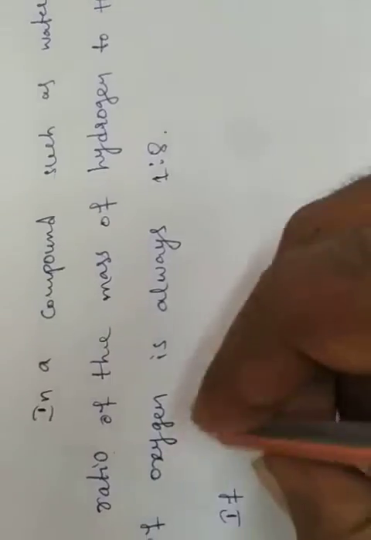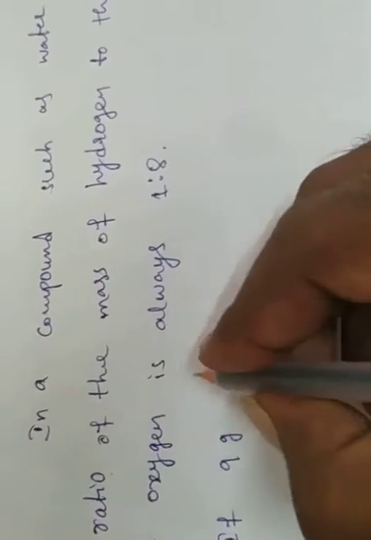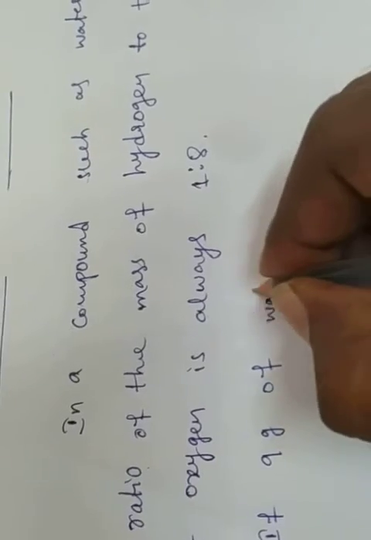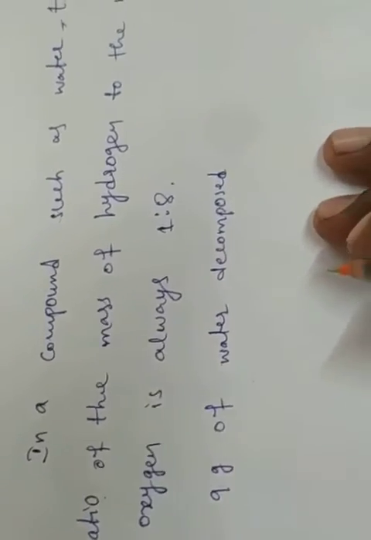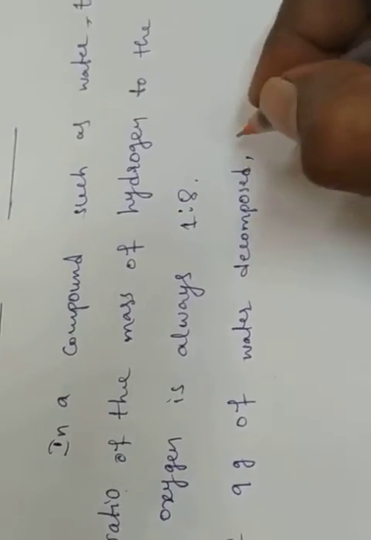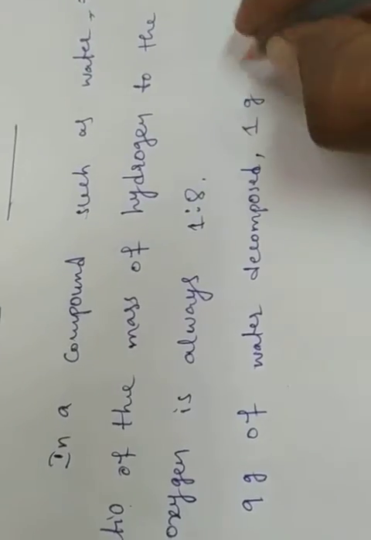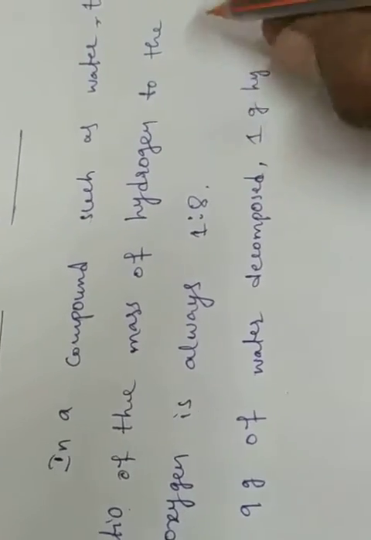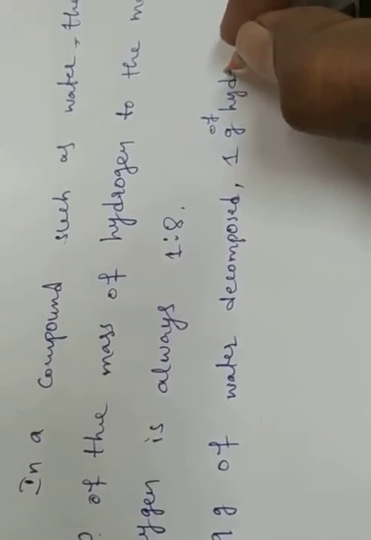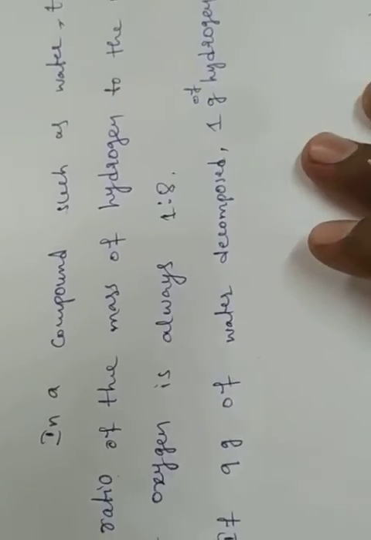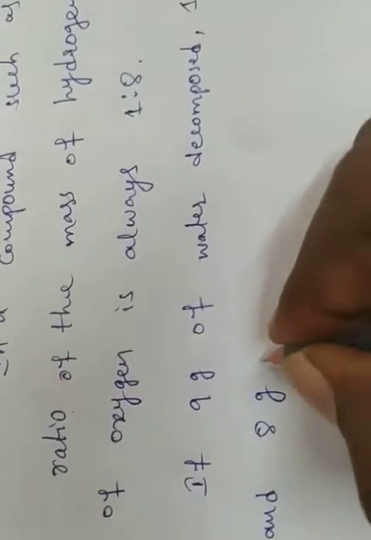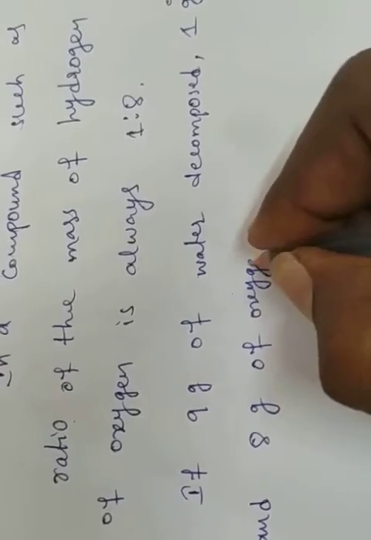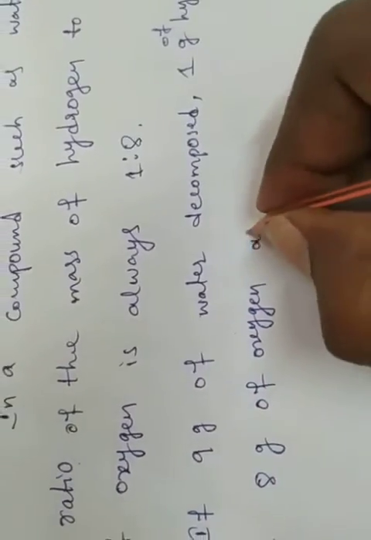If 9 grams of water is decomposed, then 1 gram of hydrogen and 8 grams of oxygen are always obtained.